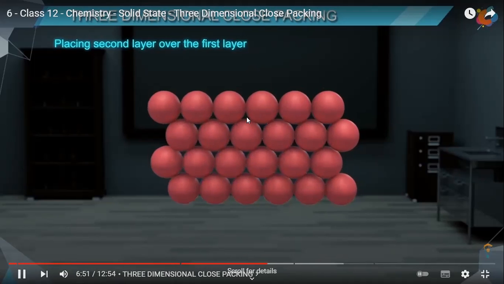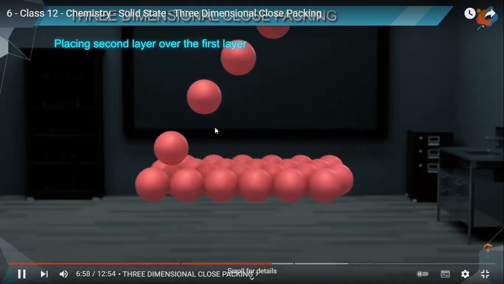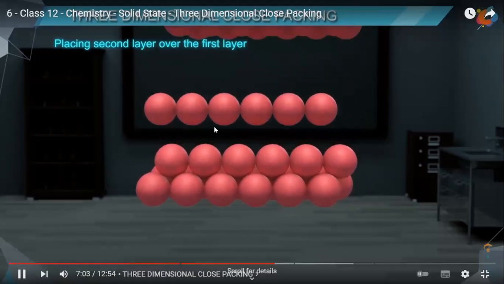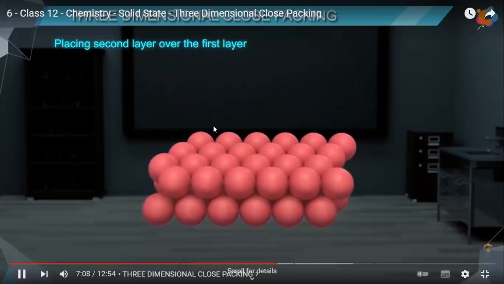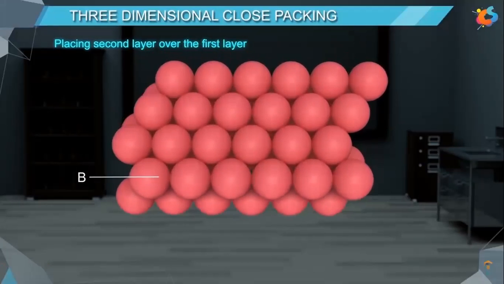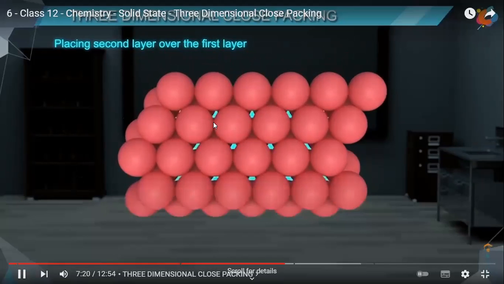Place a similar close packed layer in such a way that the spheres of the second layer are placed in depressions of the first layer. As the spheres of the second layer are aligned differently as compared to the first layer, let us call this layer B type. On observing, we will notice that not all the triangular voids of the first layer are covered by the spheres of the second layer.